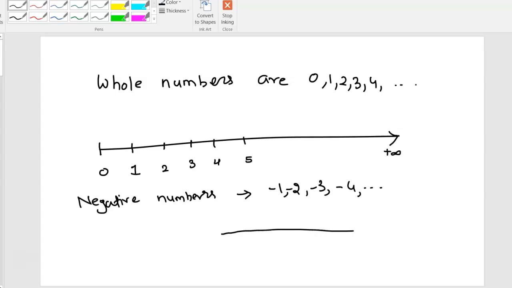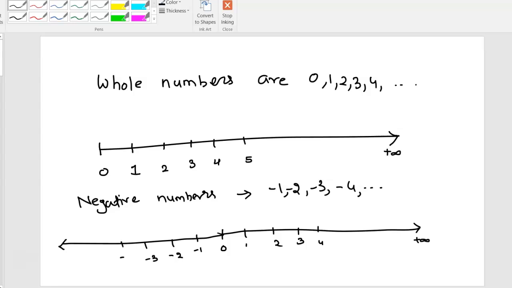If you move the number line that you just saw in the opposite direction, backwards, and then mark again at the same distance, you will get -1, -2, -3, -4, and you can move backwards as far as you want. So this goes till minus infinity.